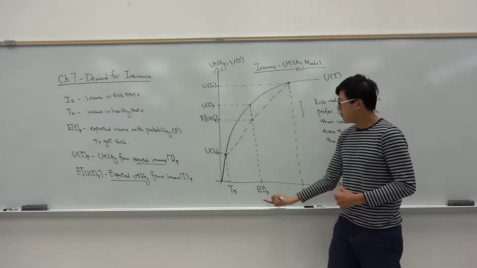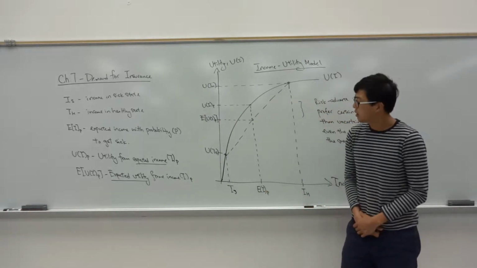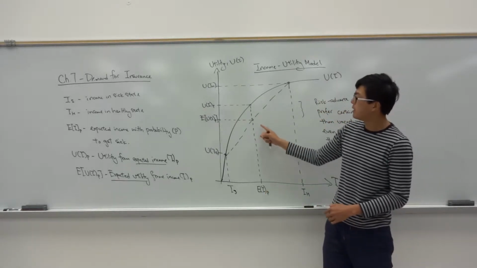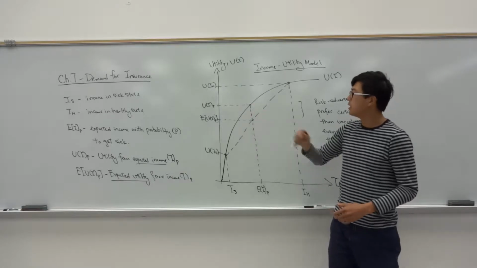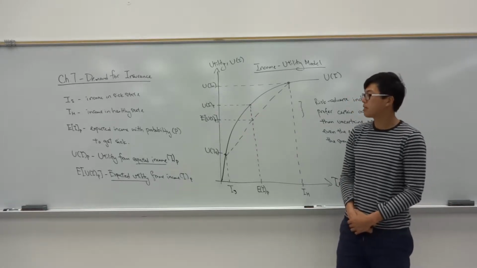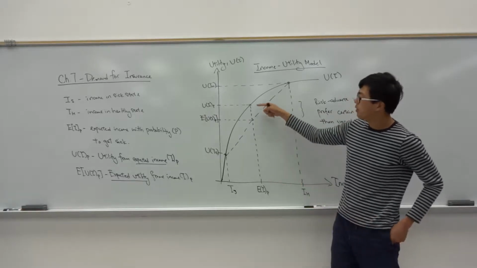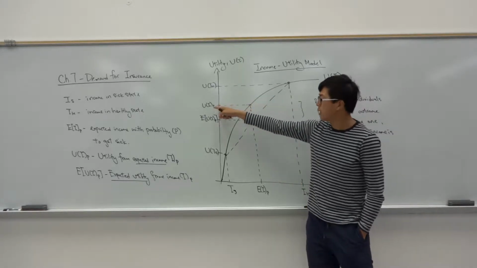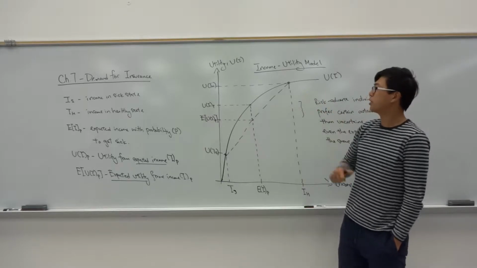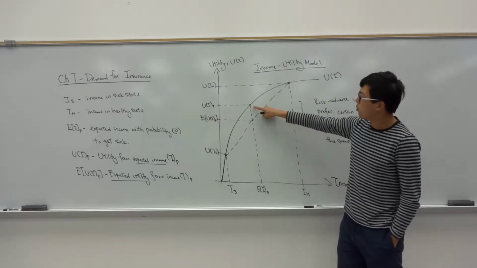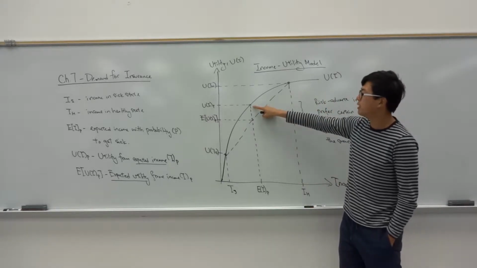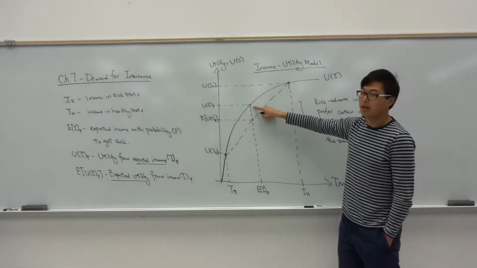With this expected income, we can look up and see there are 2 points in this diagram we would like to talk about. One point is the expected income corresponding to the utility of that income on the utility function. So this point right here represents the certain payout of this income.